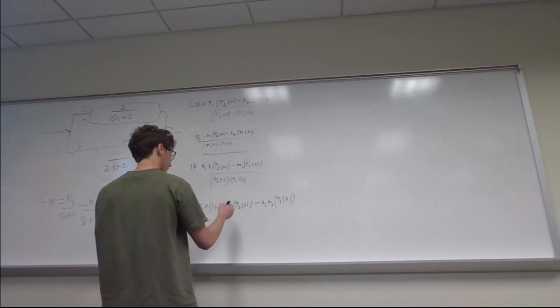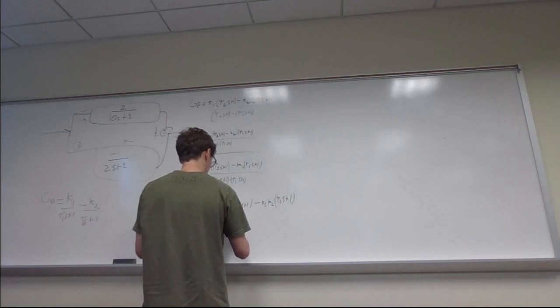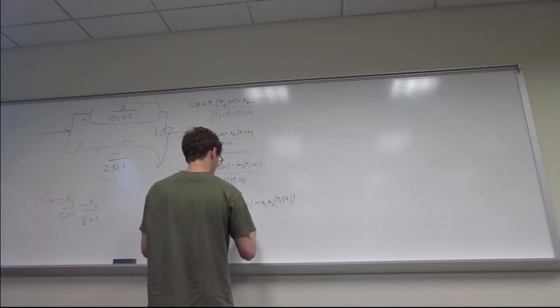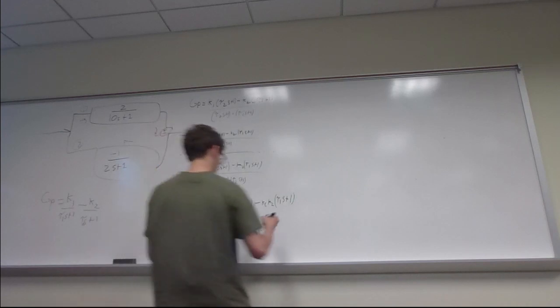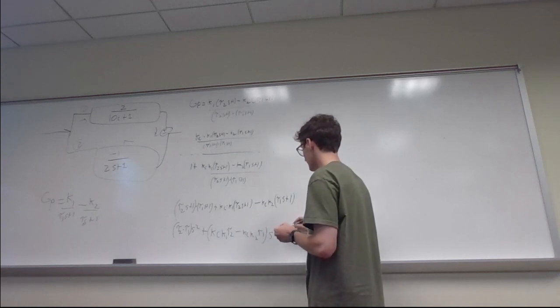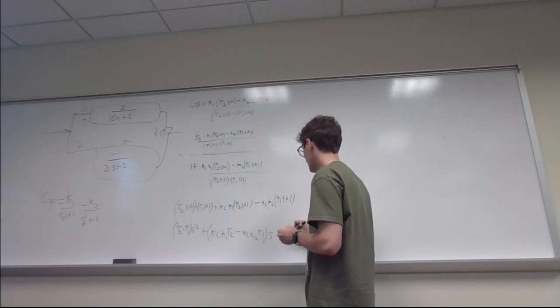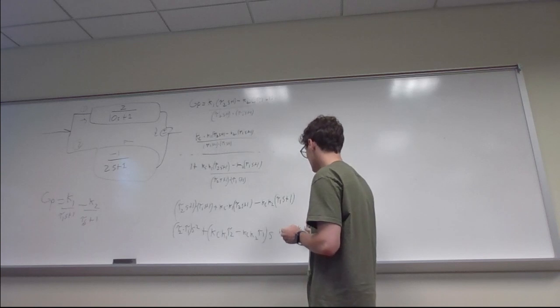Anyway, KC K1 tau 2 minus KC K2 tau 1, and this is S, I think. And then I always like doing plus. I hate doing negatives. It just makes me mad. And then this is going to be KC K1 minus KC K2, and that's no S.